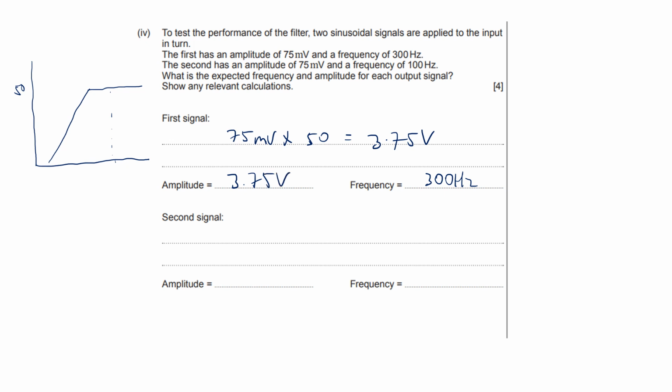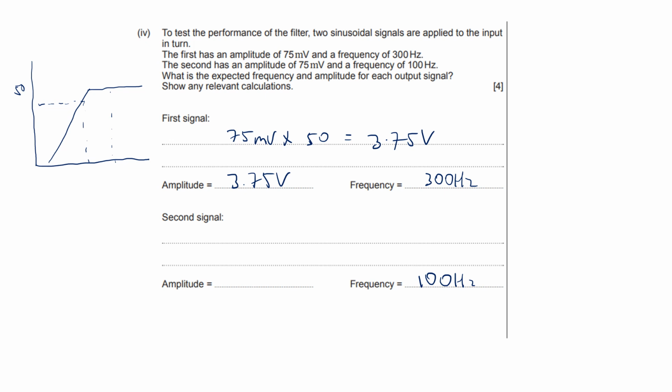Okay, if it's a frequency of 100 Hertz though, you might be about here-ish. I'm just going to go from the mark scheme, but obviously feel free to plot it yourself and have a little look at that. The mark scheme says the answer is 2.4 volts, so 2.4 divided by 0.075.